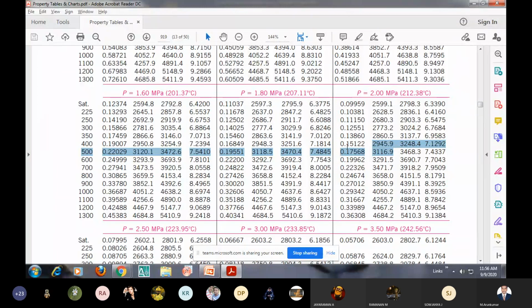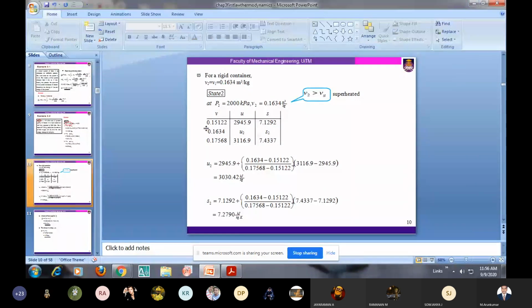If you use this superheated table, you can find the values of U2, S2, and H2. Here we use the interpolation formula: U2 minus U1 divided by U3 minus U1 equals V2 minus V1 divided by V3 minus V1.